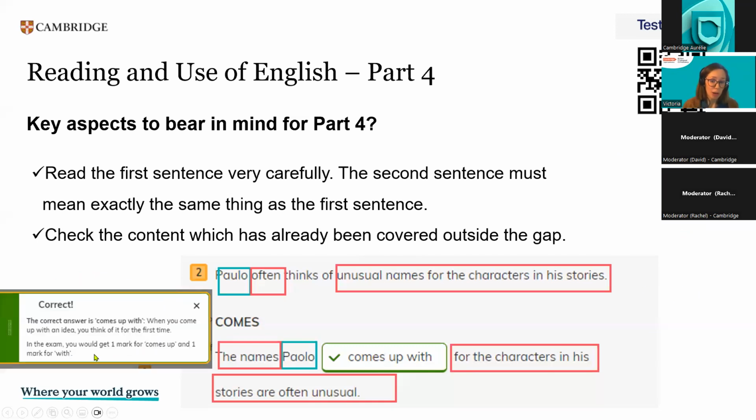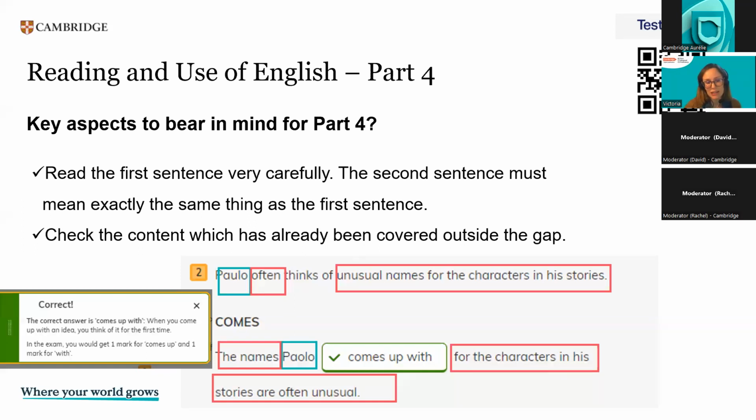So indeed, comes up with is the correct option. And as you may know, in this part of the exam, you can get up to 2 marks per correct answer. And we say up to 2 because the answer is divided into 2 units.